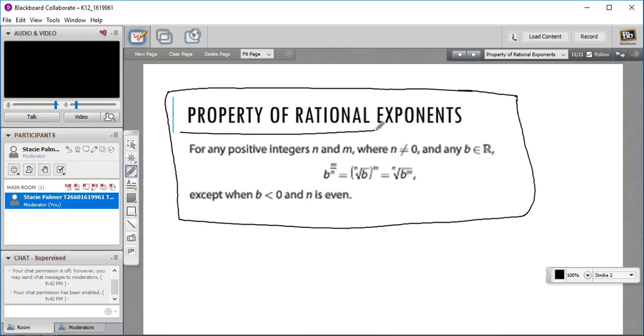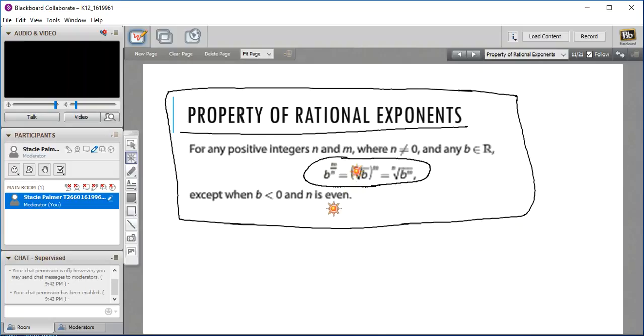This is an important property that you need to know, and it says that when you have a base raised to a fraction, okay, you can see that the bottom number of the fraction becomes your root, and the top number of your fraction becomes your exponent.